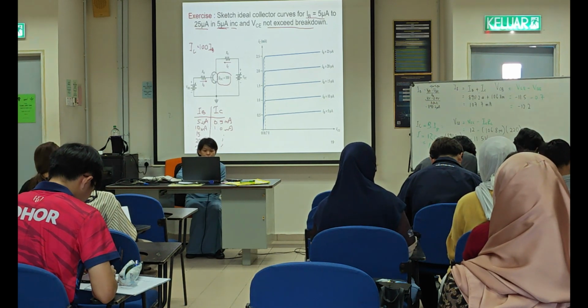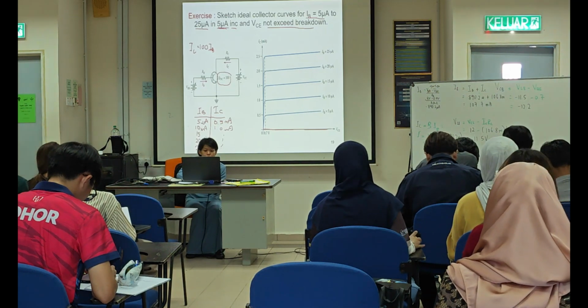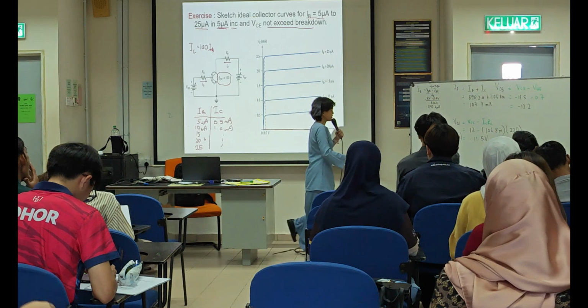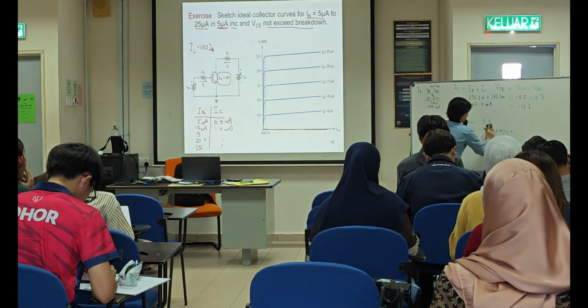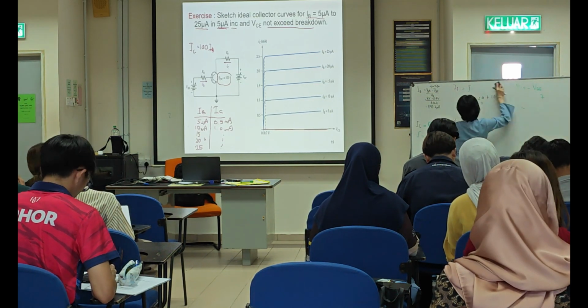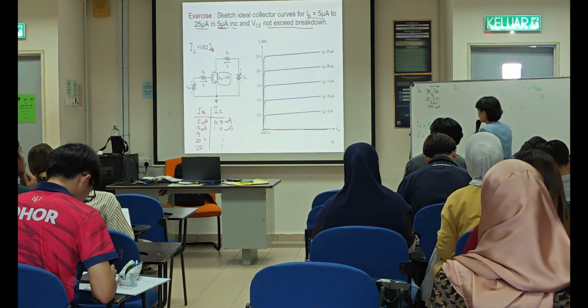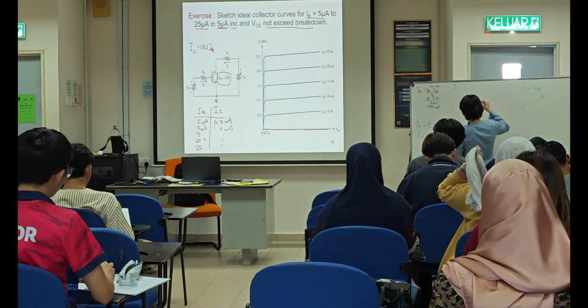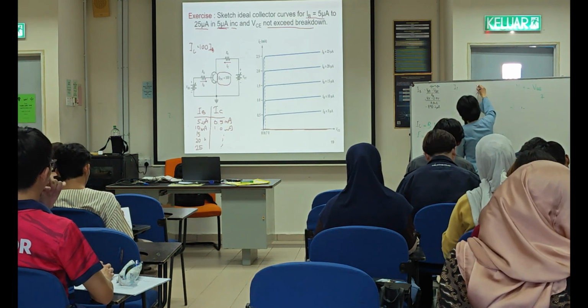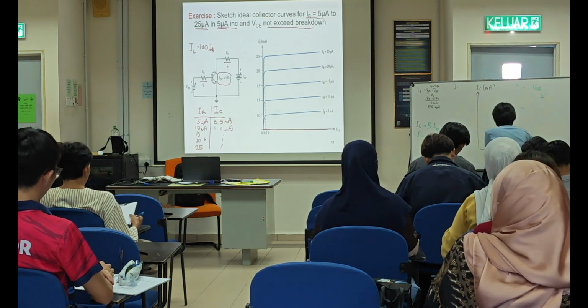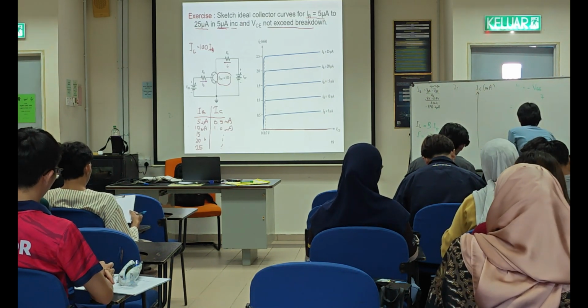So you draw the x-axis as VCE. It is actually the same as before. You just take your IC in milliampere and then you draw your VCE.